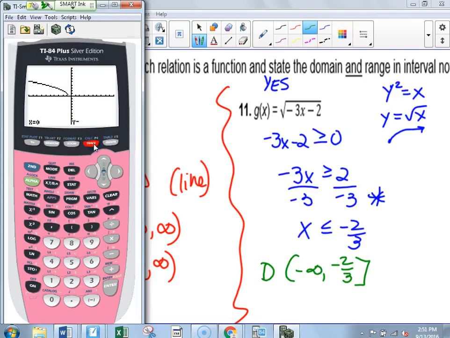If I hit trace, it says there's nothing. If I arrow to the left until I get a value, does this say negative 2/3 right here? No. And it won't let you find a 0 because it never crosses the x-axis. So if you try, you get an error. Now watch it work.